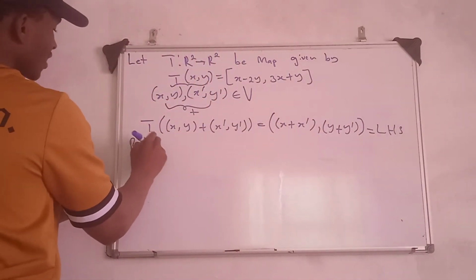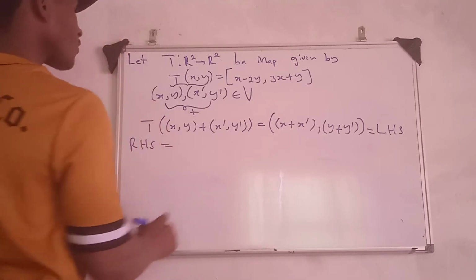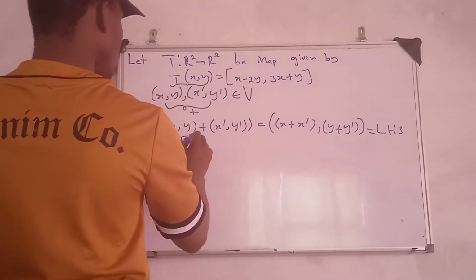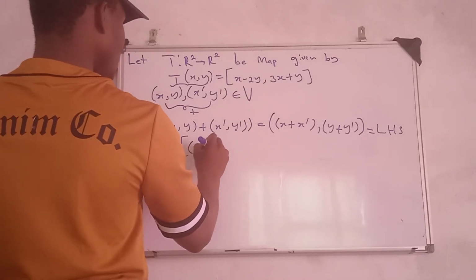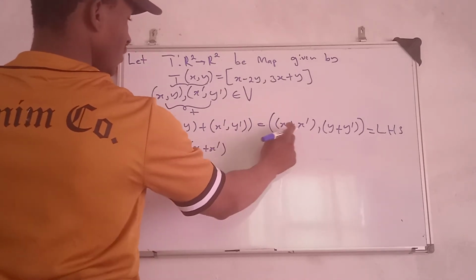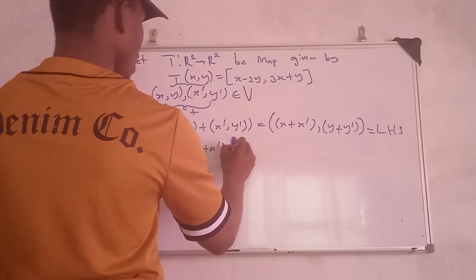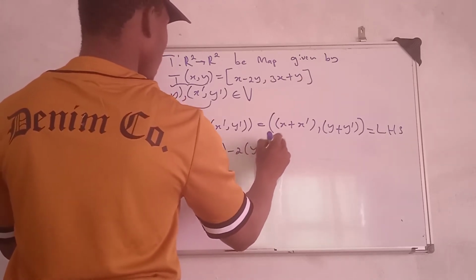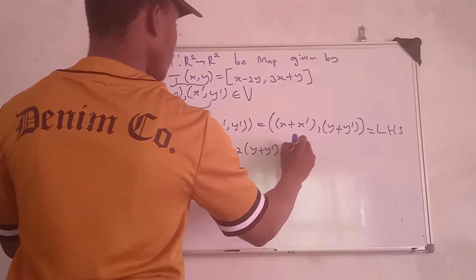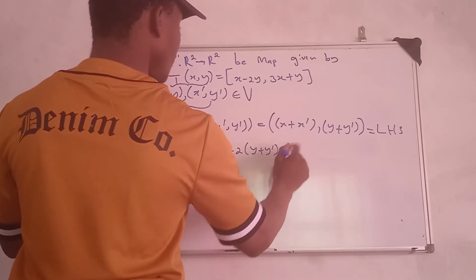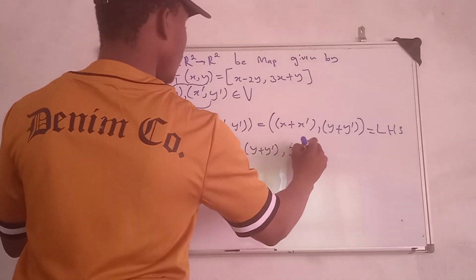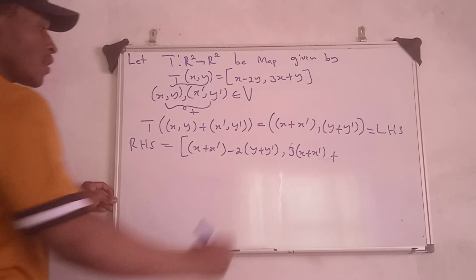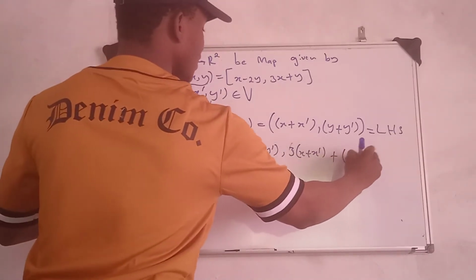So my RHS will be that function. But wherever I'm seeing x, I'm going to put x plus x prime, like I'm given here. And wherever I'm seeing y, I'm going to put y plus y prime. Even here, x plus x prime, y plus y prime.